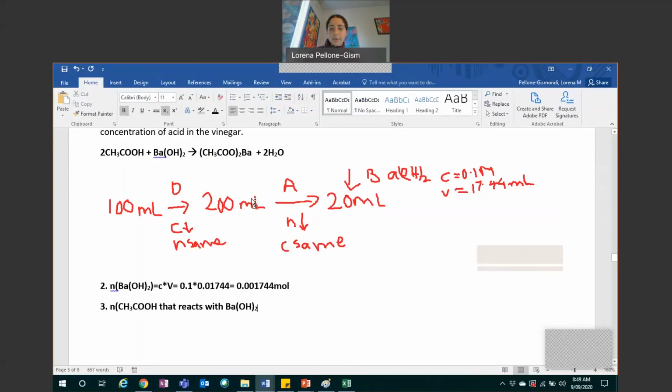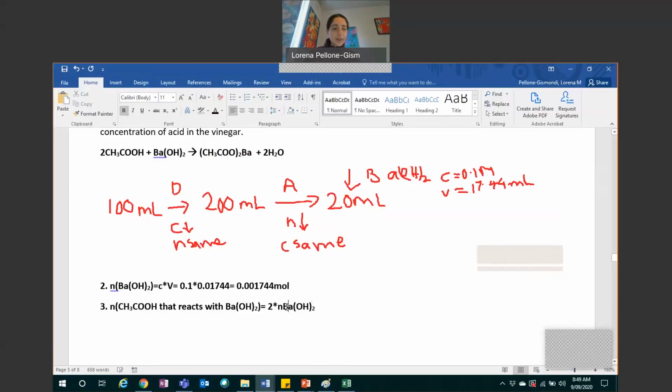It's always good to write this out because it allows you to get consequential marks if you make a calculation error. So do I expect more or less of the ethanoic acid? More. How much more? 2 times. So it'll be 2 times the moles of barium hydroxide.